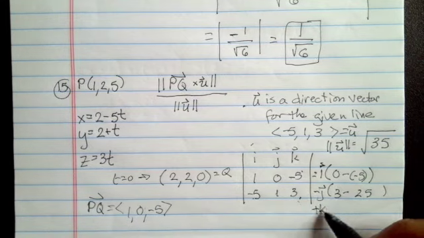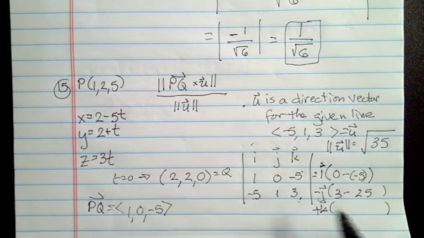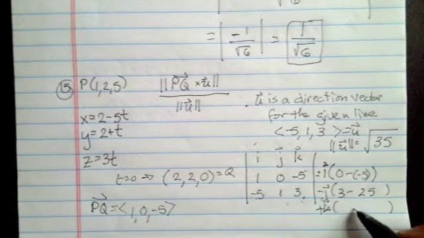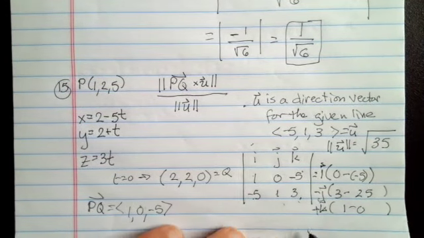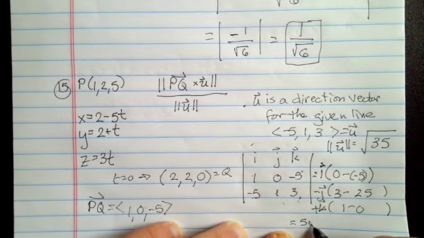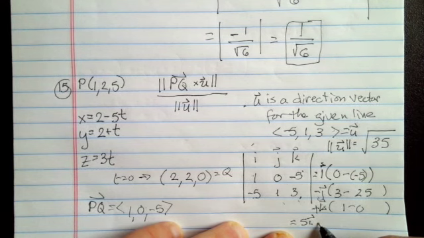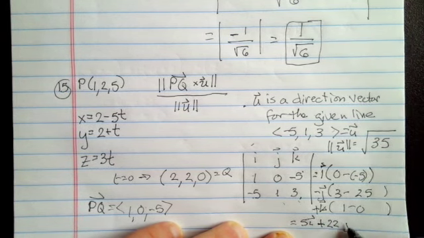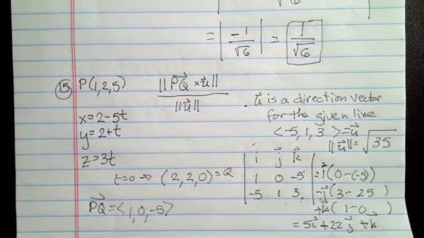And then plus k times 1 minus 0. So that's going to be 5i plus 22j plus k.